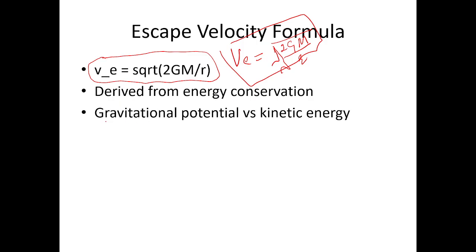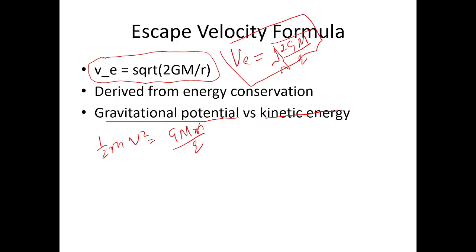For this formula, we have to equate the gravitational potential energy to the kinetic energy. That is, 1/2 m v square is equal to G capital M, which should be the mass of the black hole in our case, m over r.